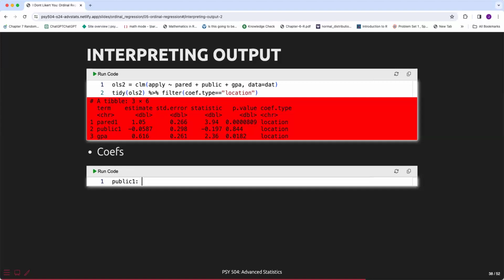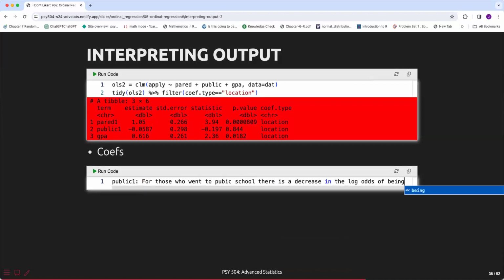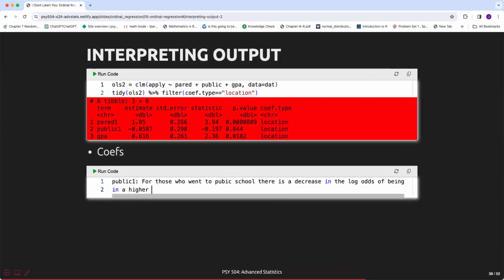Yes, correct. Good, Kenan. So we could just say for those that went to public school, there is a decrease in the log odds of being in a higher category of 0.06. Right. So that's essentially how we would interpret the log odds of that.